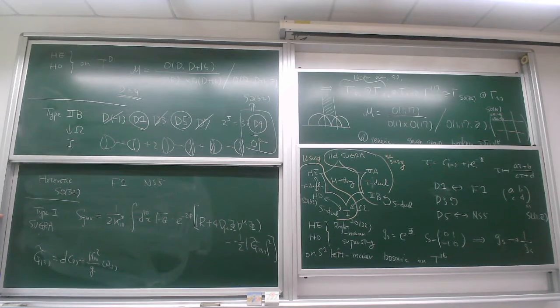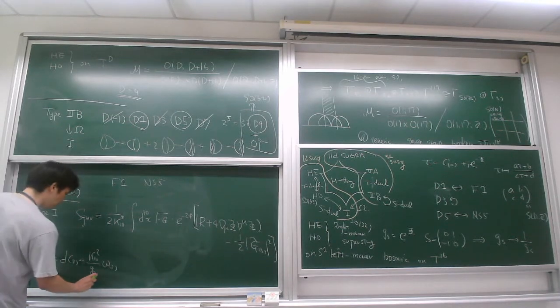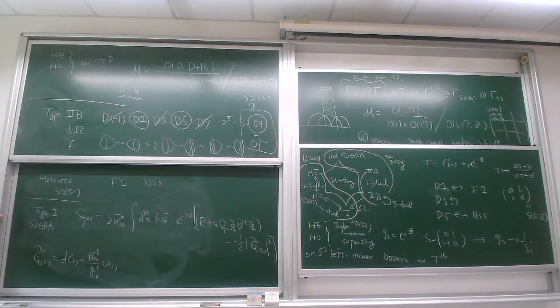I'm not going to write down everything, but anyway. G theta is essentially the field strength of the Ramond 2-form. So what is the difference between type 1 supergravity and type 2 supergravity? Can you tell me?